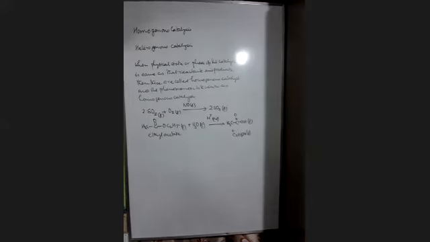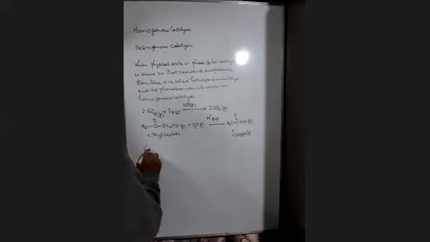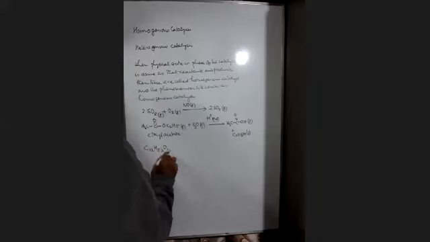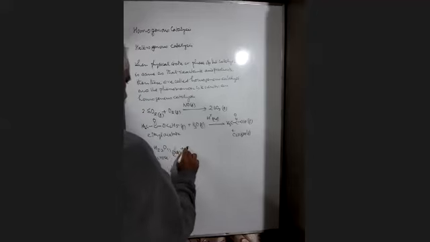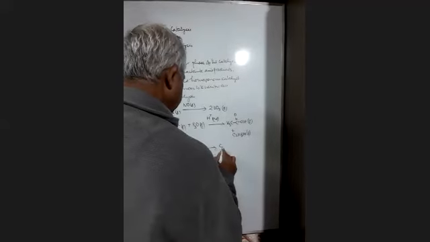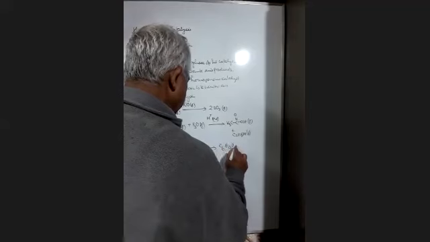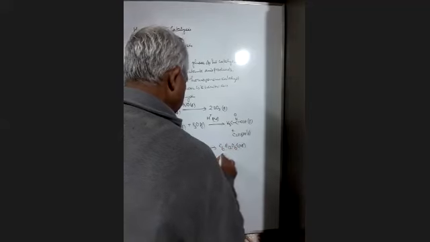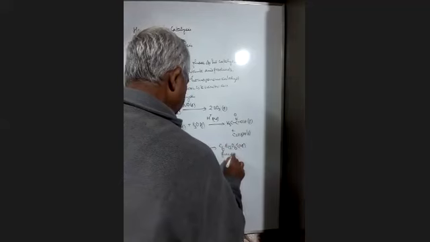Now, similarly, hydrolysis of sugar. You know the sugar formula, C12H22O11, which is called sucrose. When it undergoes reaction in aqueous solution, so that is also liquid, with water, it gives an equal mixture of glucose and fructose.